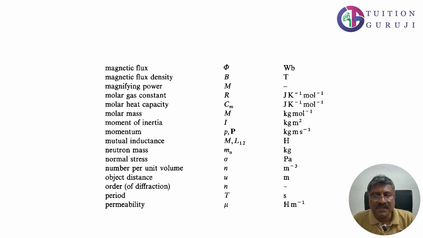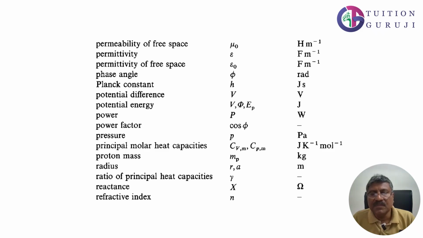Then mutual inductance in Henry, neutron mass in kilogram, normal stress in Pascal. Then number per unit volume is in meter raised to minus 3. Object distance in meter. Then permeability Henry per meter. Permeability of free space mu0 in Henry per meter. Permittivity epsilon in Farad per meter.